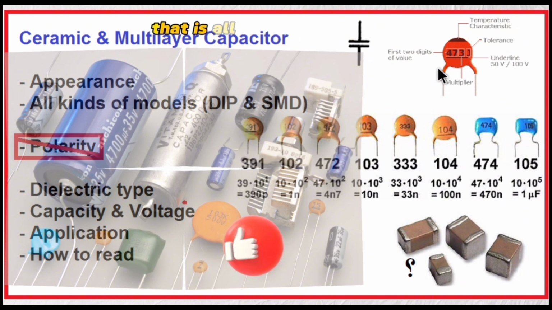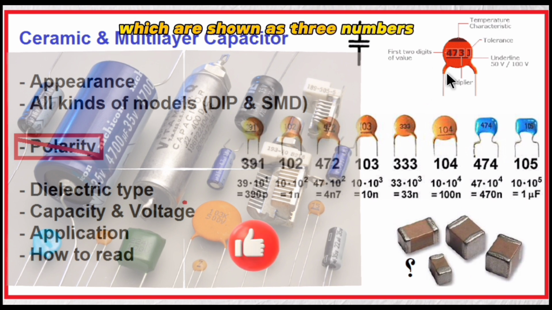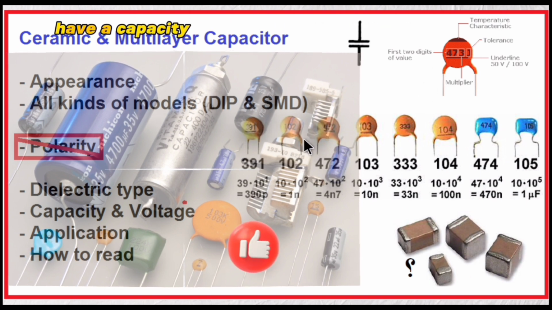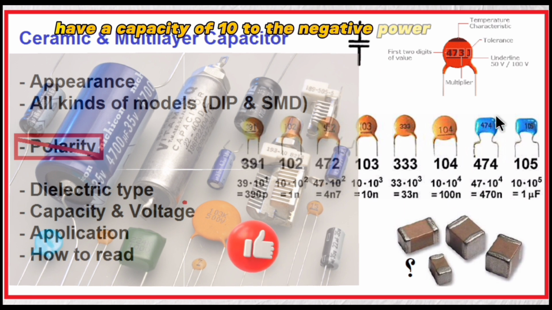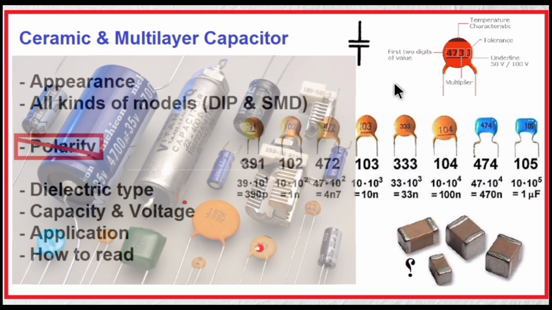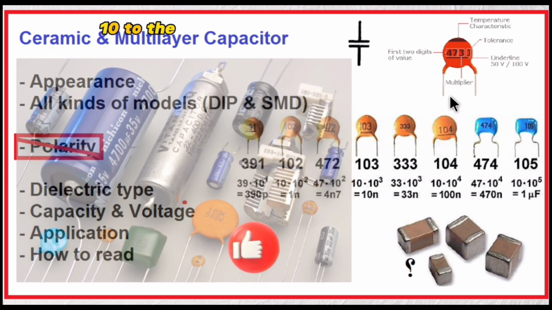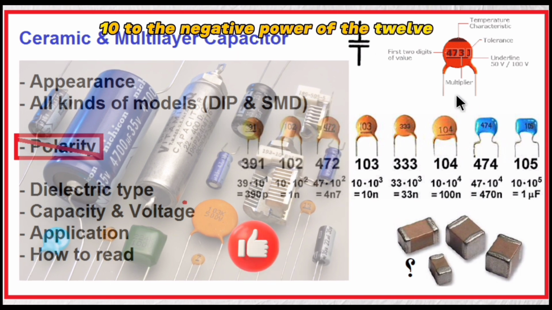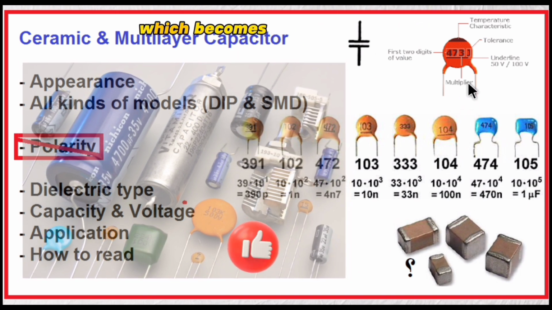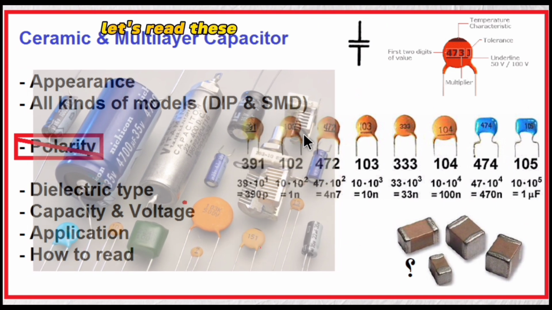That is, all these capacitors, which are shown as three numbers, have a capacity multiplied by 10 to the negative power of 12, or pico. And this becomes 47 times 10 to the negative power of 12, which becomes 47 nanofarads. Let's read these together.